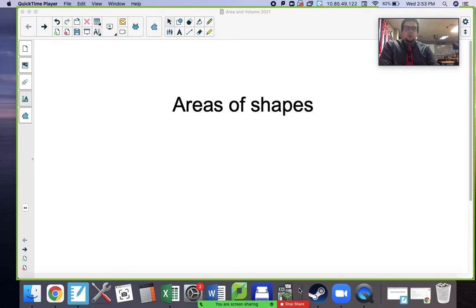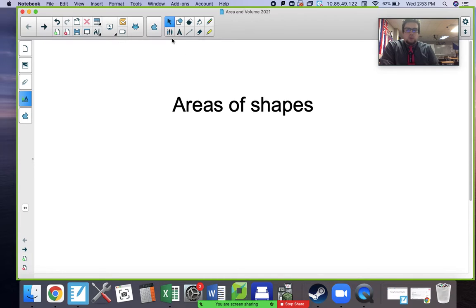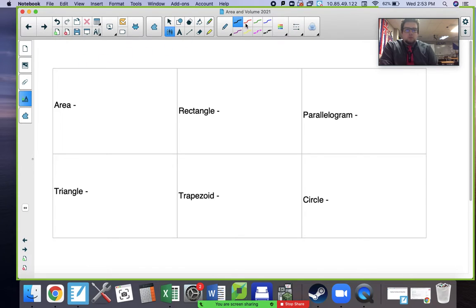All right, so we are reviewing the area of our rigid shapes as well as the area of a circle. The first thing, remembering that area is the space inside two-dimensional shapes.